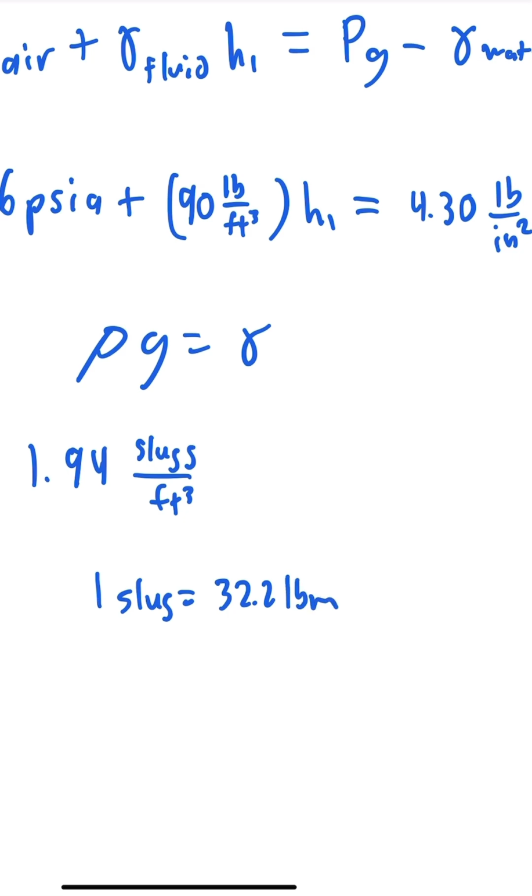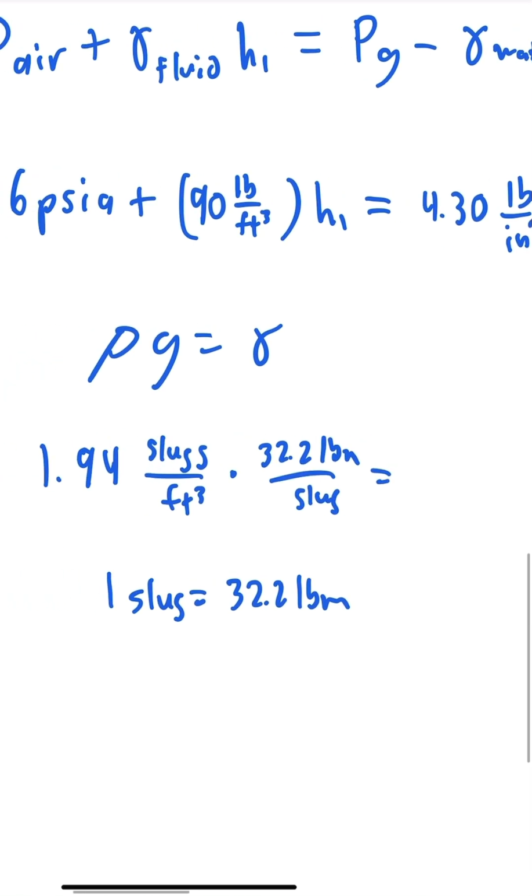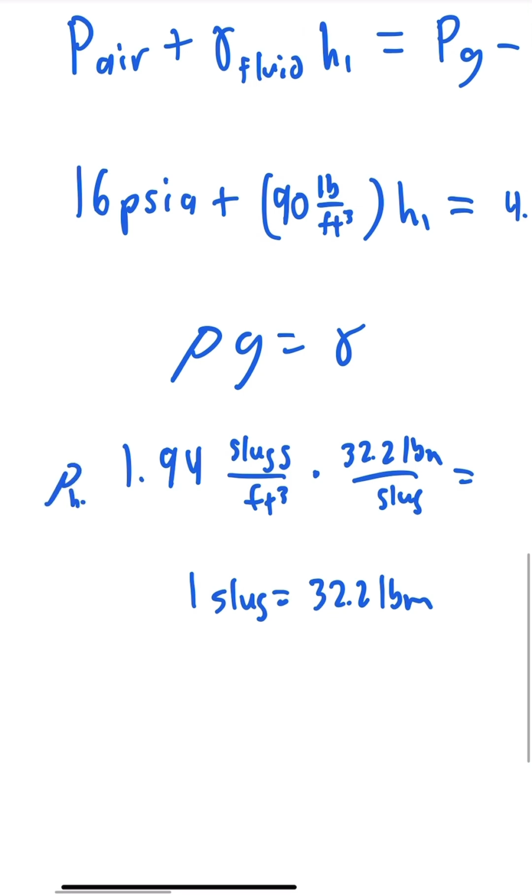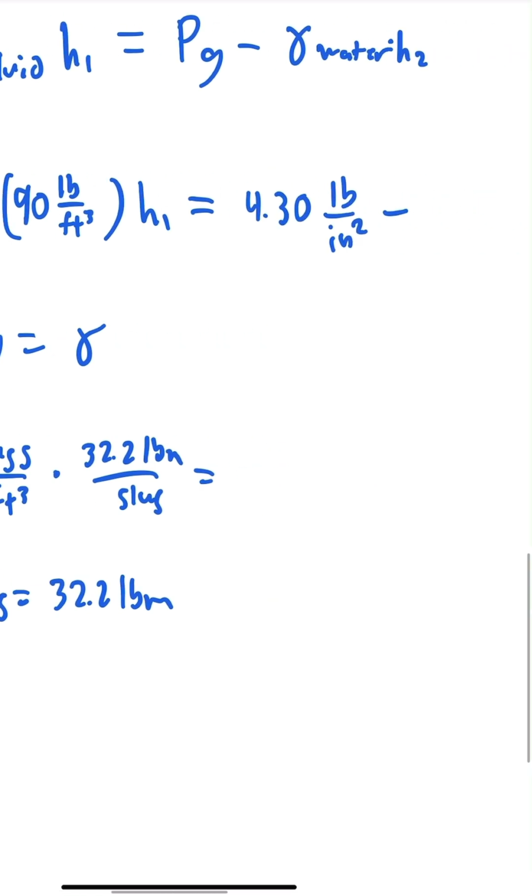So if we use this conversion, we get that density of H2O is equal to 62.4 pound mass per feet cubed.